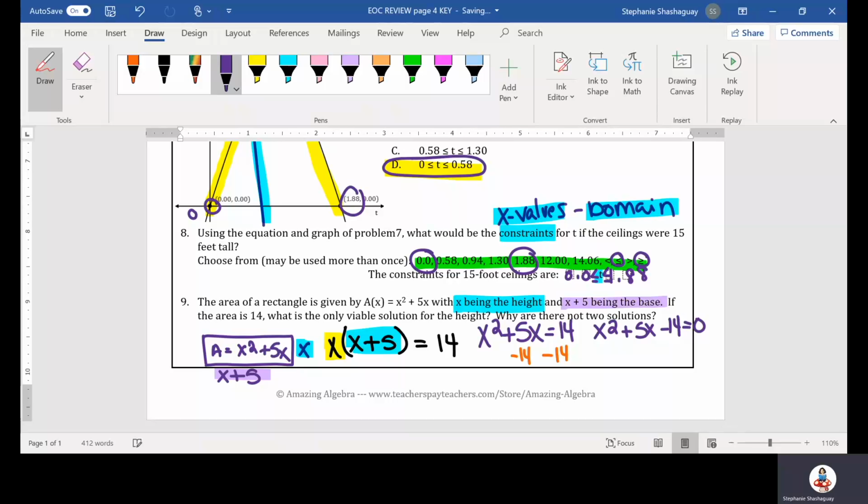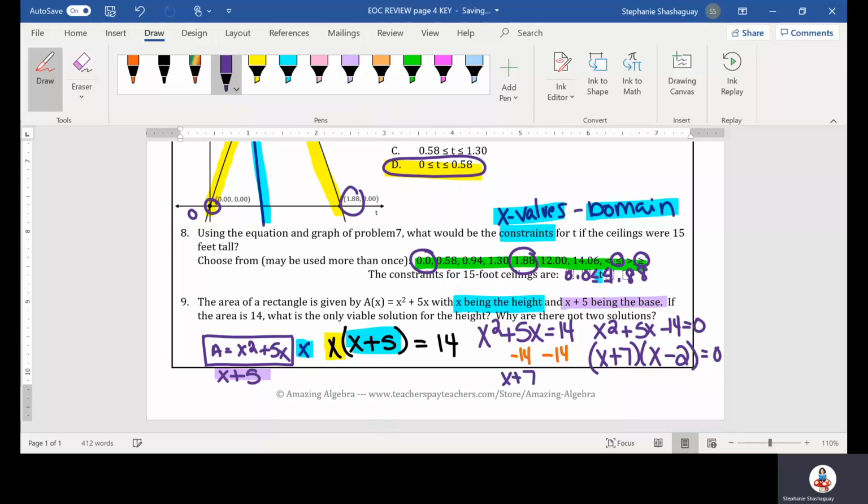And I would solve for that by having my factors of x plus 7 multiplied by x minus 2 is equal to 0.